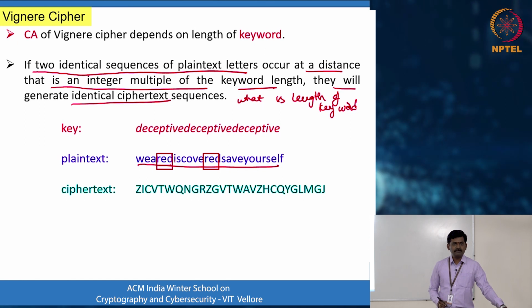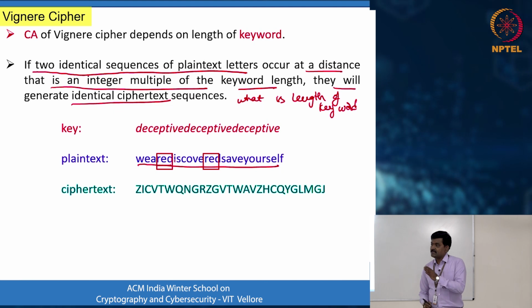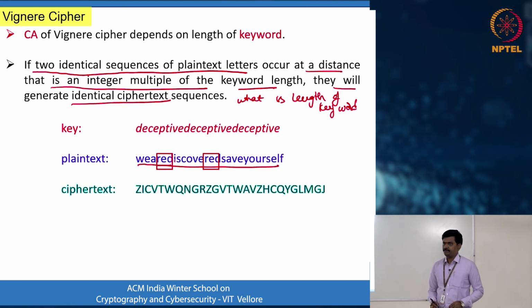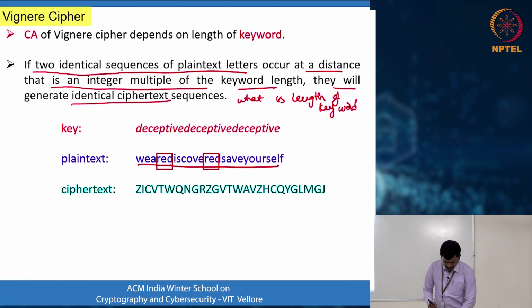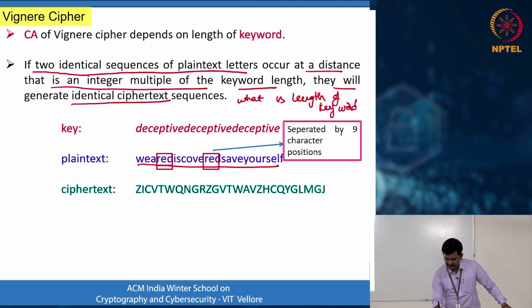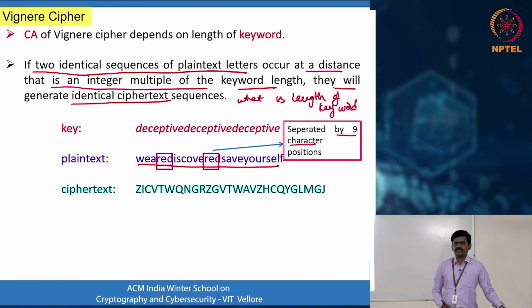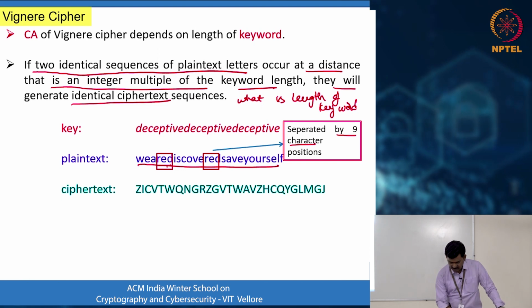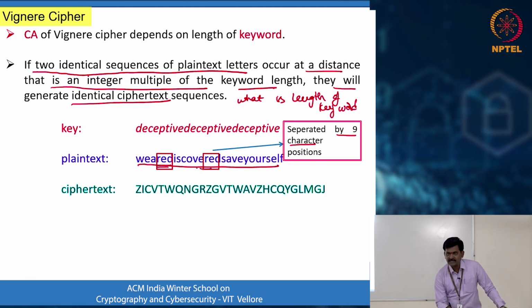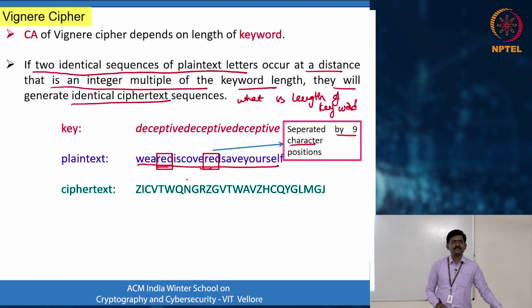There is a repetition of that same sequence in the plain text. Where this sequence repetition has occurred, if you observe, the sequence is separated by 9 character positions. From this sequence to this sequence, you see that there are 9 characters.